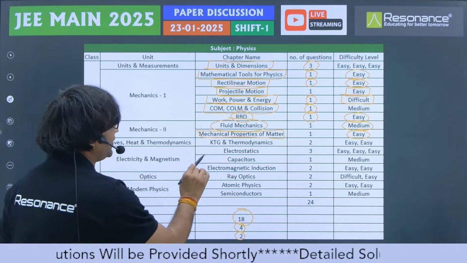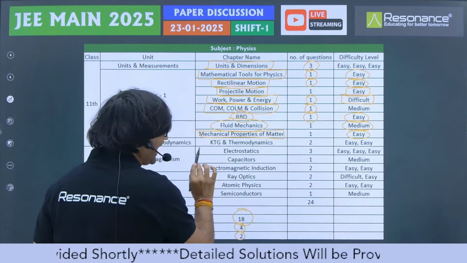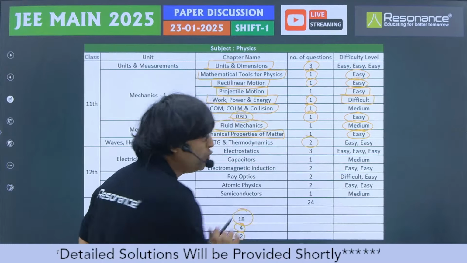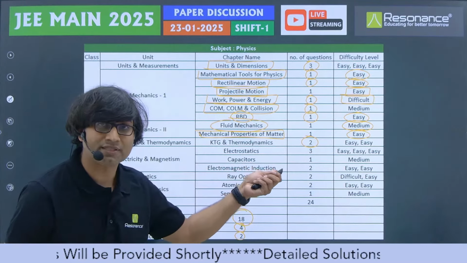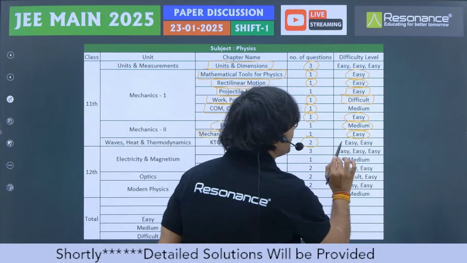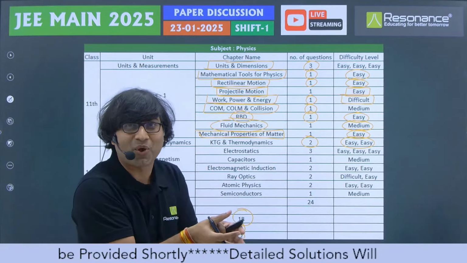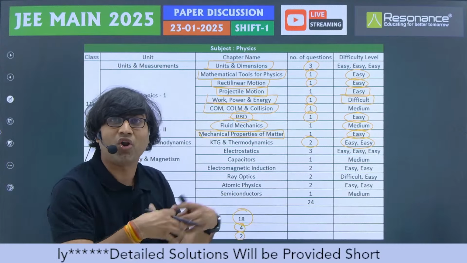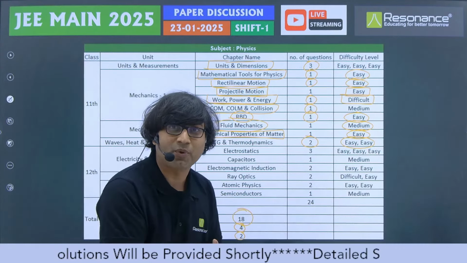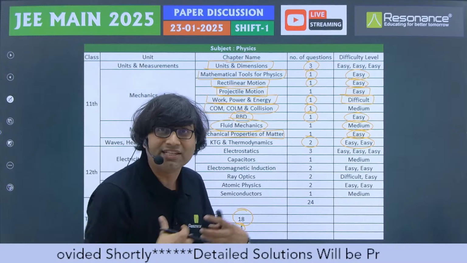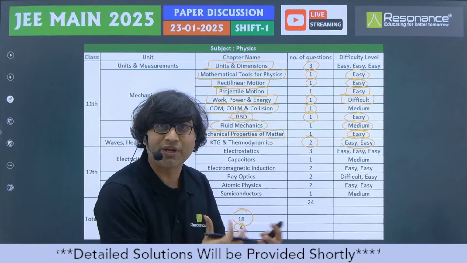Now the next questions that we get are from KTG and thermodynamics, and we got 2 questions from KTG and thermodynamics, and both of these questions were from the easy category. If you look at one of the questions, it was just to identify the process. I mean, they are giving you that the volume is not changing. Please tell us what is the process. It's an isochoric process. Heat supplied or heat rejected, there is no heat exchange. Which process is it?